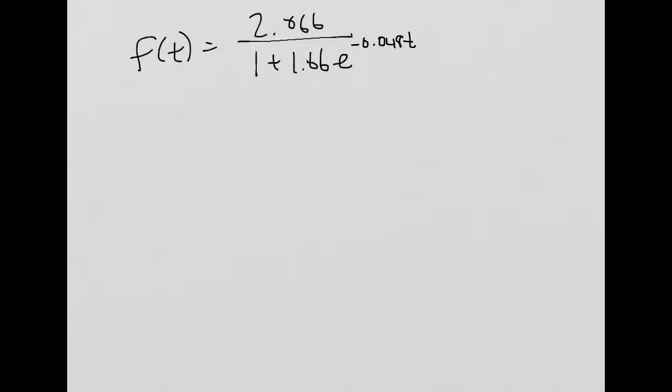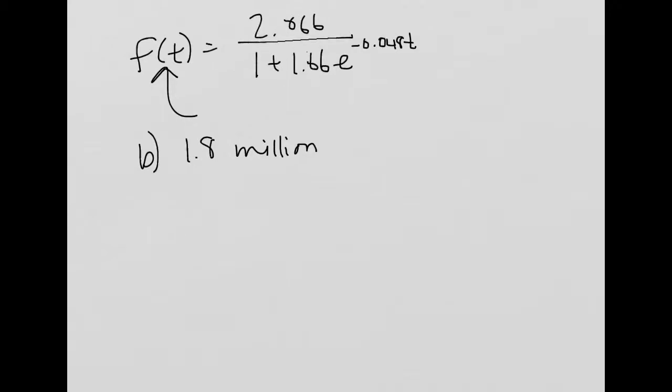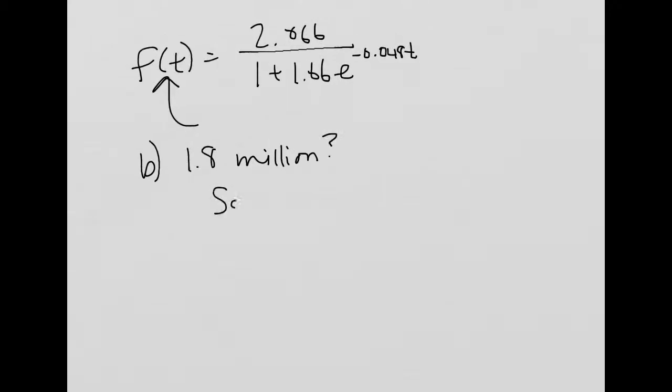What I want to know is when the population will reach 1.8 million. This 1.8 million is actually the f of t value. So what am I really doing here? I'm solving for t, the same way you would solve any other kind of equation. I'm just going to use 1.8, and we can add the word million, but it's much easier to calculate when I don't have to worry about that million part.